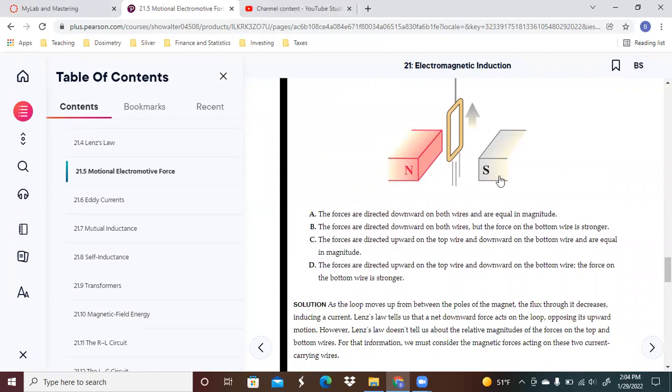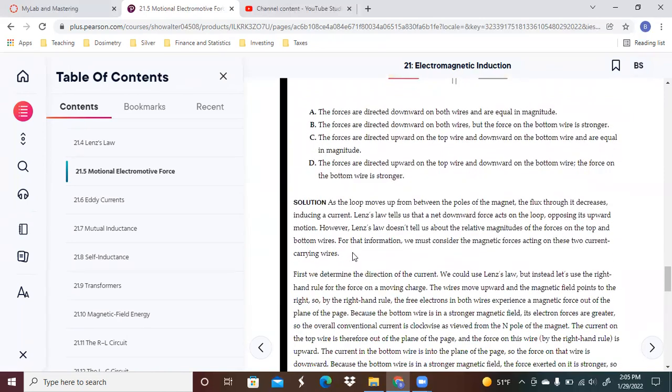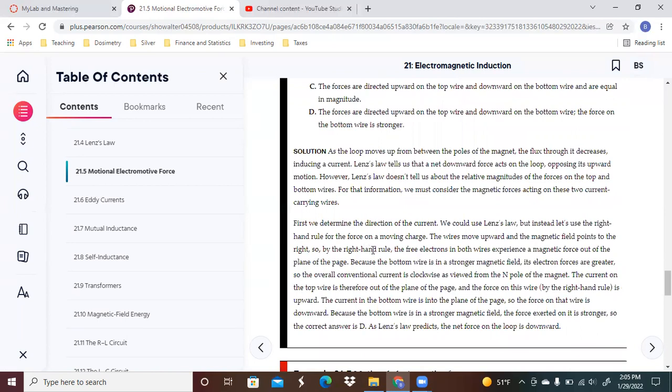Well, as the loop moves up from between the poles of the magnet, the flux through it decreases, and that induces a current. Lenz's law tells us that a net downward force acts on the loop, opposing its upward motion. But it doesn't tell us about the relative magnitudes of the forces on the top and the bottom wires. So we've got to consider the magnetic forces acting on these two current carrying wires.